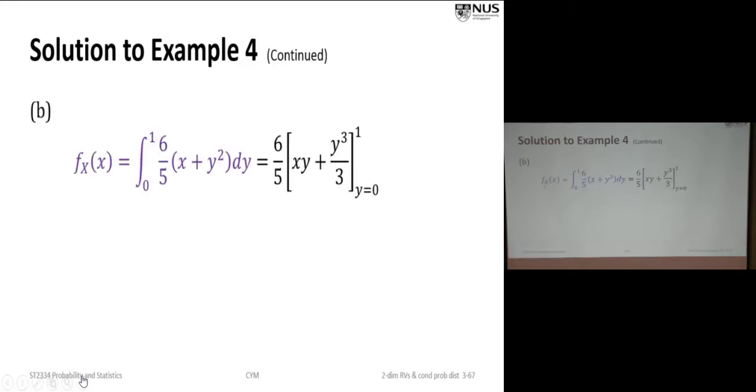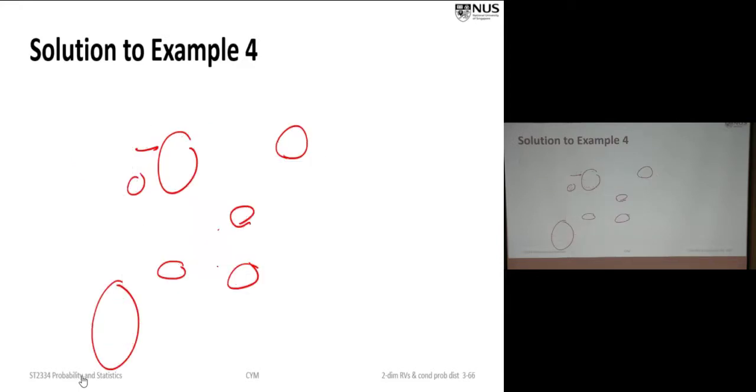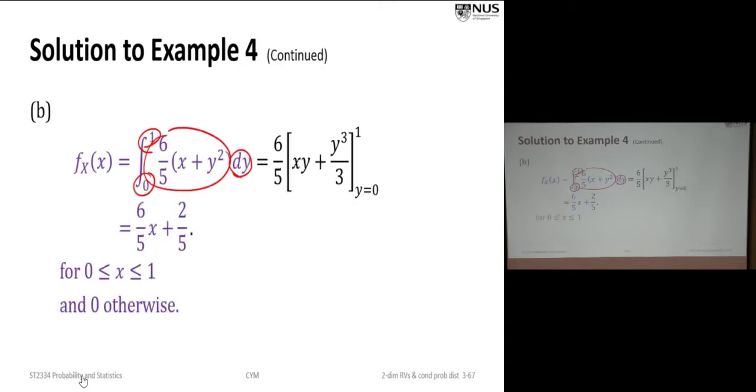Then the marginal distribution of x, which means that you integrate over y, and y is only valid from 0 to 1. So you do the integration from 0 to 1, because the joint PDF is valid for x between 0 and 1 and y between 0 and 1, right?